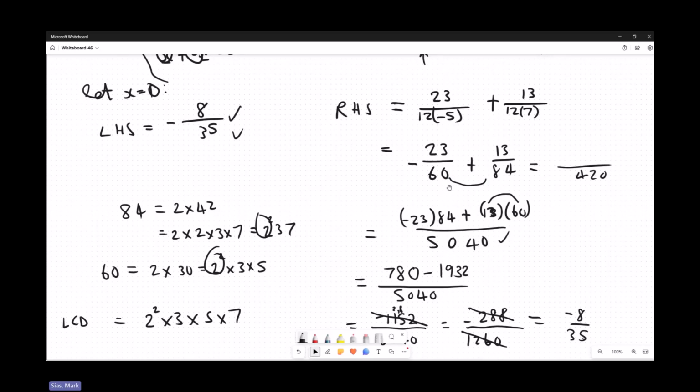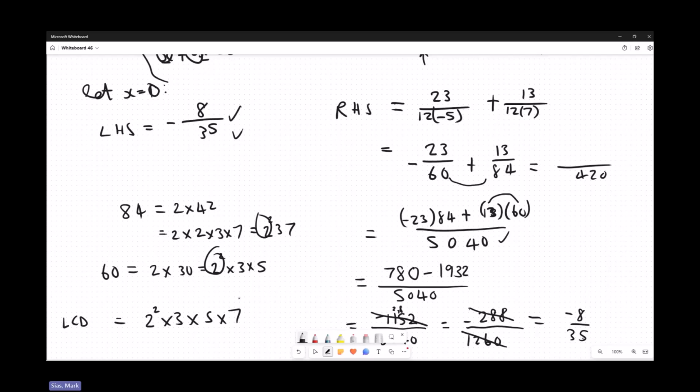That's 6 times 7 is 42. That's 2 squared times 3 times 7. 60 is 4 times 15. So it's 2 squared times 3 times 5 times 7 is 35 times 3, 105 times 4. Yeah, it's 420.